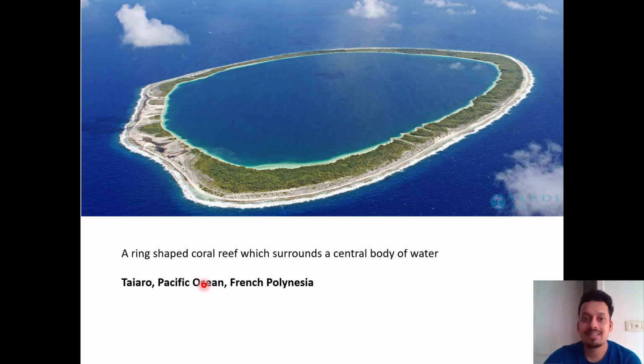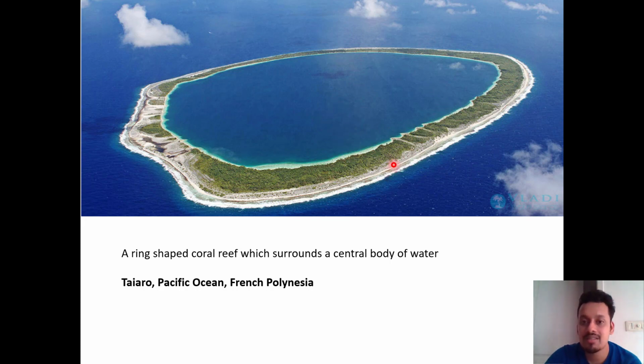Now the next question I want to ask is, what is this sign? So this is a place in the Pacific Ocean. Here you can see a central water body, and surrounding it is a coral reef. So there is a coral reef and a central water body.